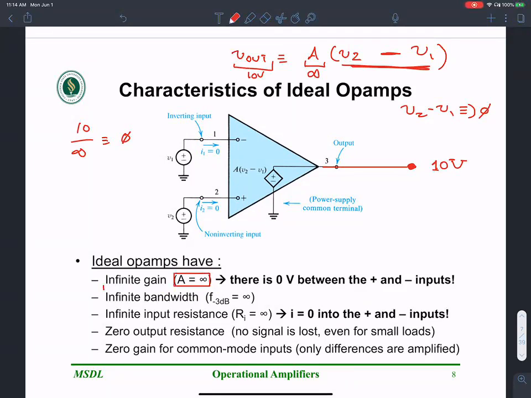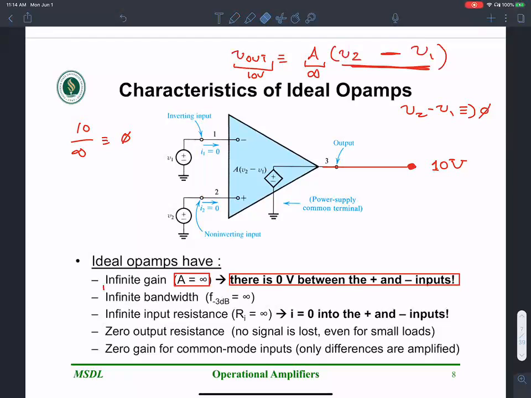So the first assumption is that the op-amp open loop gain is infinity, which leads to a direct consequence: there is 0 voltage difference between the positive terminal and the negative terminal. It's almost like there is a virtual connection between these two terminals, even though it is not shown. So there is a virtual short between the two terminals.